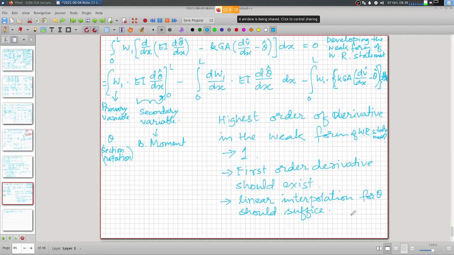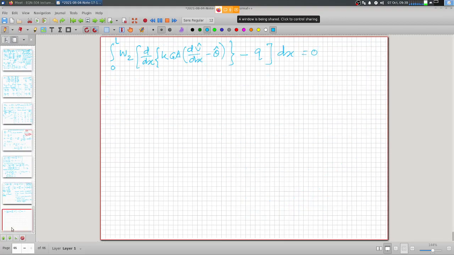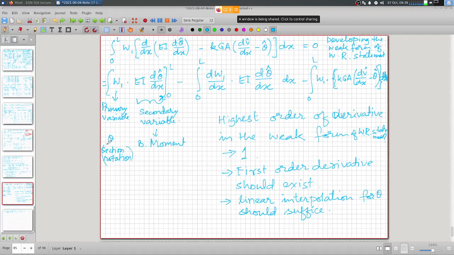We already know this linear interpolation very well from our earlier discussion. So C0 continuity, because the primary variable is the zeroth order derivative of theta. So C0 continuity of theta is implied.